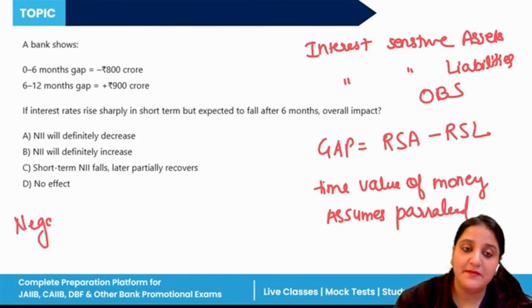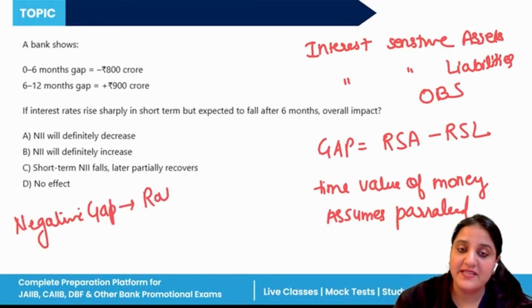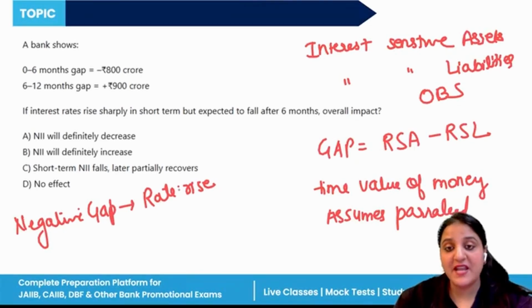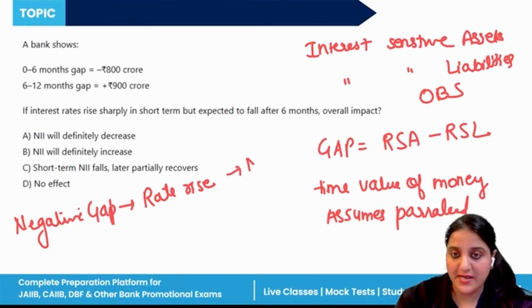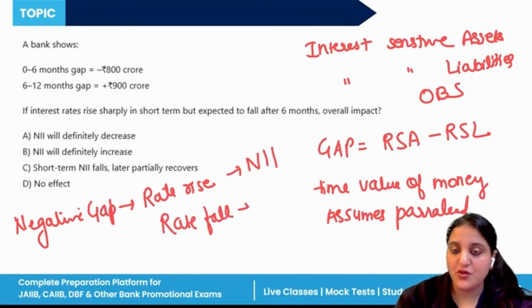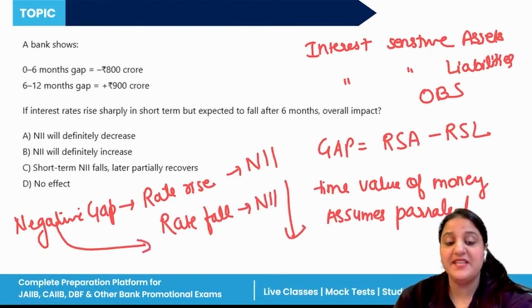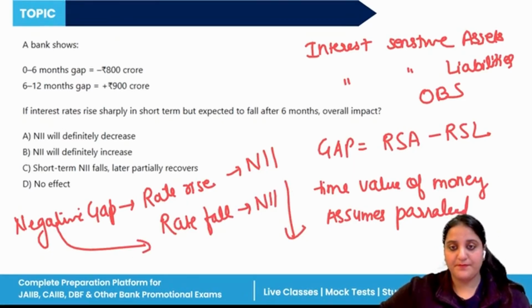So negative gap means if rates rise, NII falls, and if rates fall, NII rises.